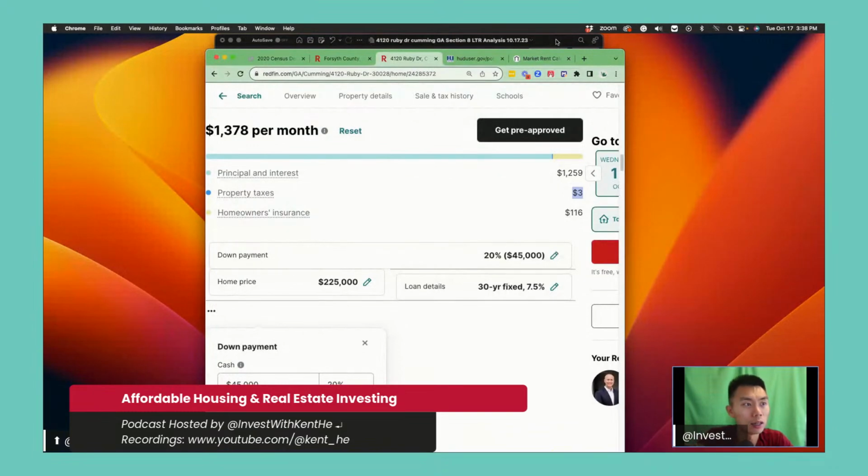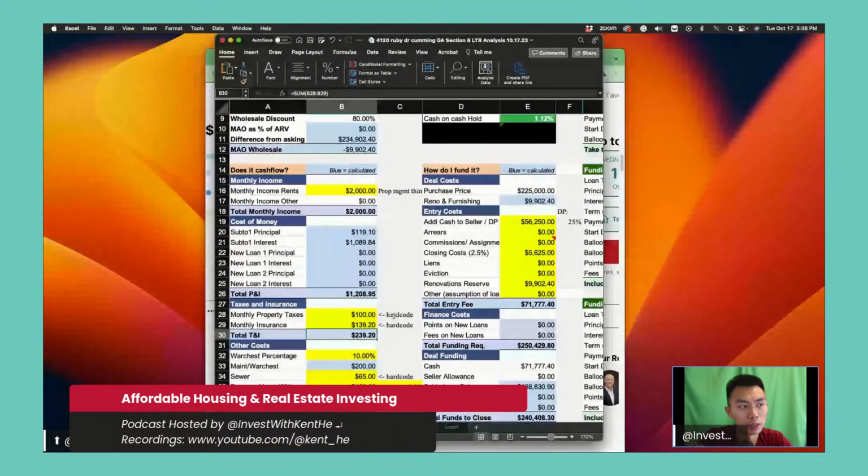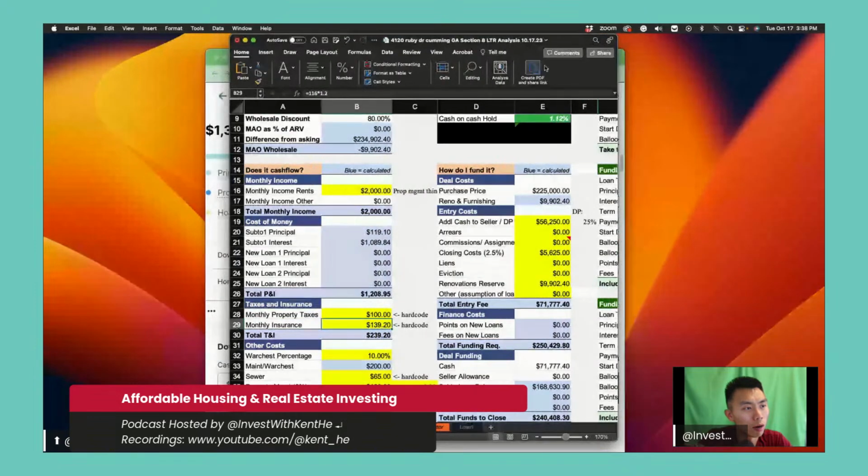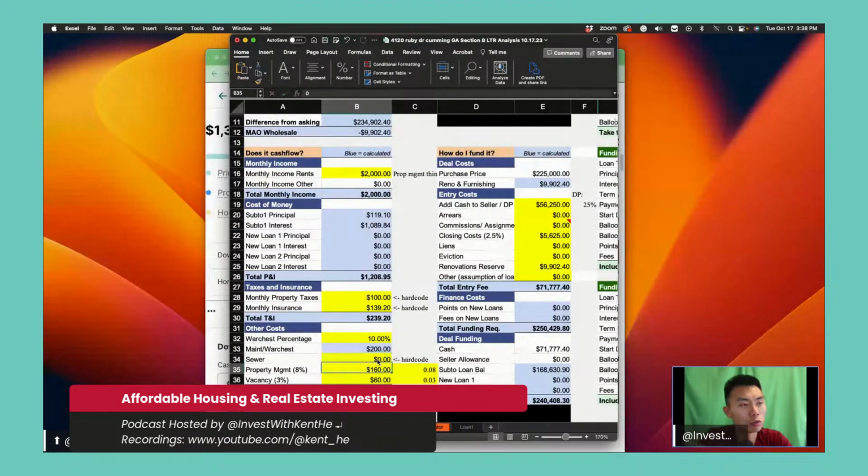If that is not the case, then what we need to do is put in the higher insurance number. So the insurance number right now is at 139. We are at $65 for sewer. I don't think we need to pay for sewer because that number was previously there for our St. Louis market. 8% for property management and 3% for vacancy.